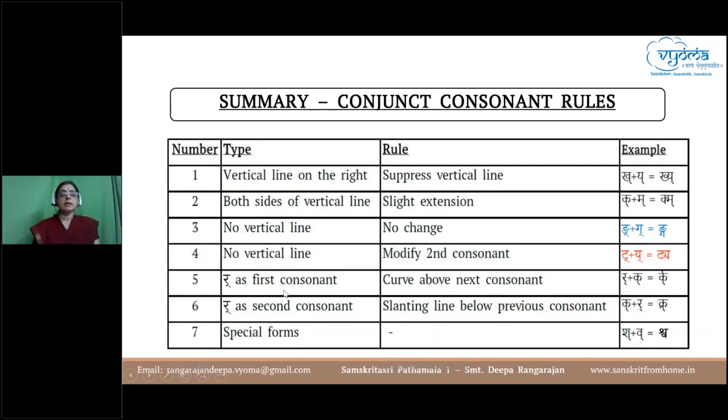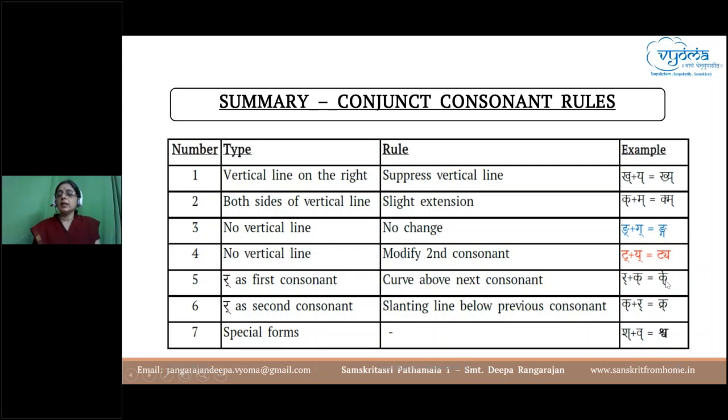For repha, there is a special treatment, because when it comes before as the first consonant, it becomes a curve above the next consonant, and when it comes as the second consonant, it becomes a slanting line below the previous consonant. So r plus ka is rka and k plus ra is kra.